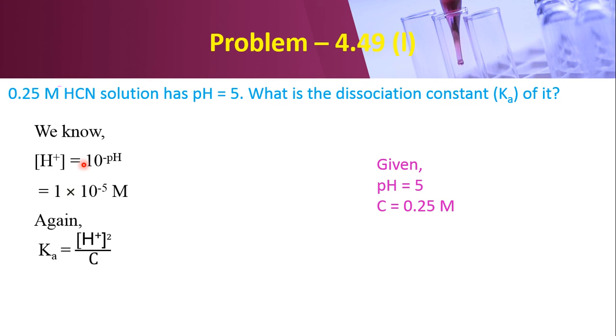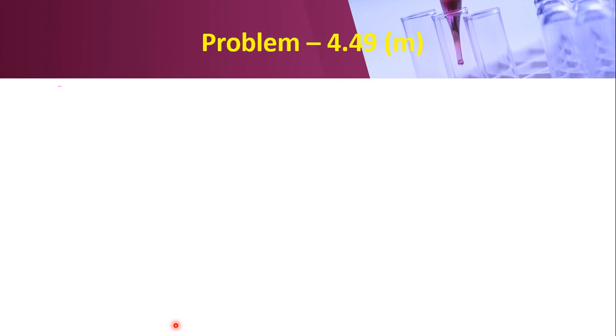Concentration of hydrogen ion equals 10 to the power minus pH, that is 1 into 10 to the power minus 5 molar. Now Ka equals concentration of hydrogen ion whole square divided by C. After putting the value we get Ka equal 4 into 10 to the power minus 10. This is the acid dissociation constant of HCN.